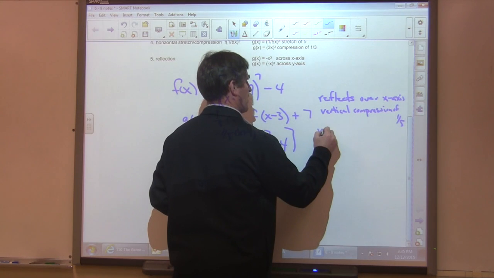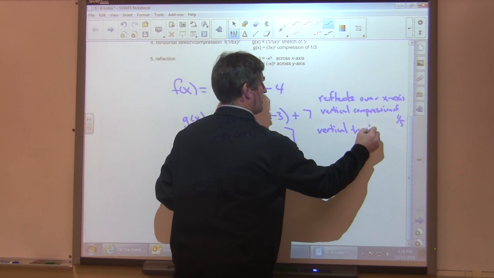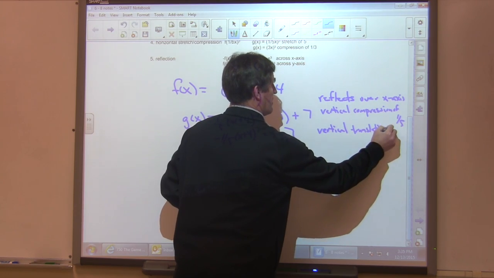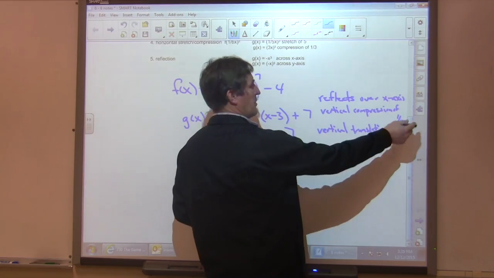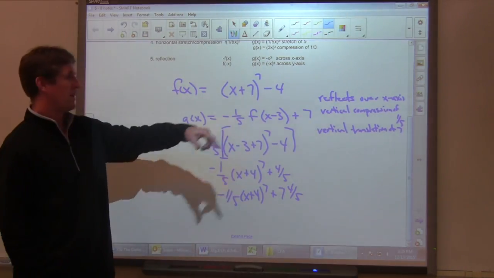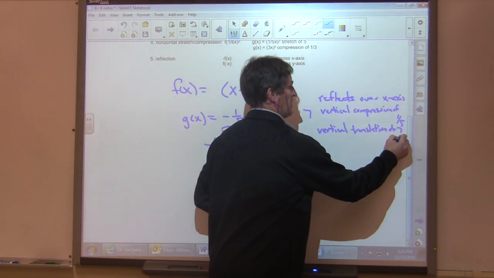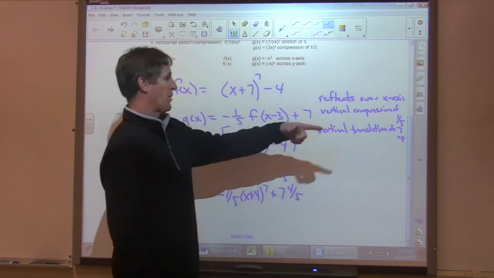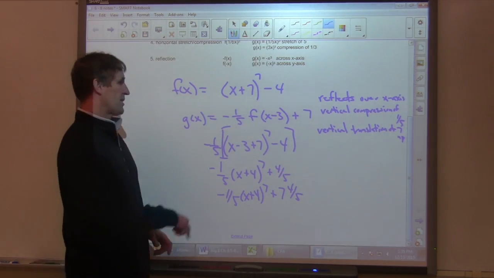And then it's a vertical translation of 7. Now you can put 7 up, or since we said vertical, we know it's up or down. So if you want it down, you can put minus. So you can put up 7, or just vertical translation of 7. And if you did negative, you would do a vertical translation of -7.